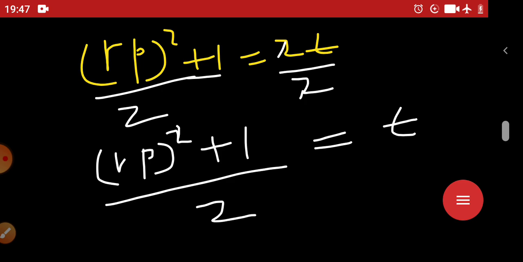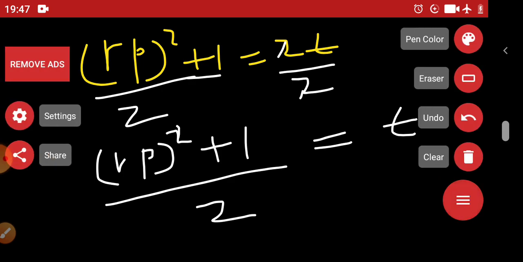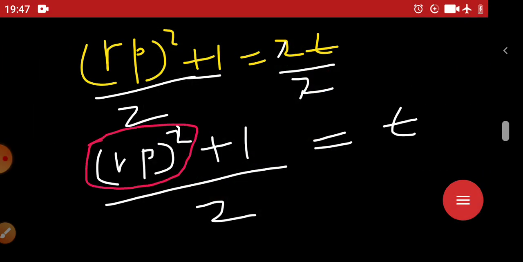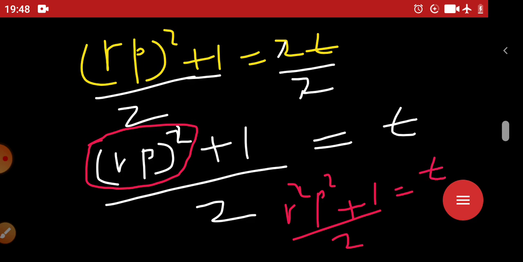You can leave the answer like this unless they say to simplify. If they say simplify, you will need to sort this term, which will be r squared p squared, and then everything plus 1 over 2. This would be a simplified way of writing that.